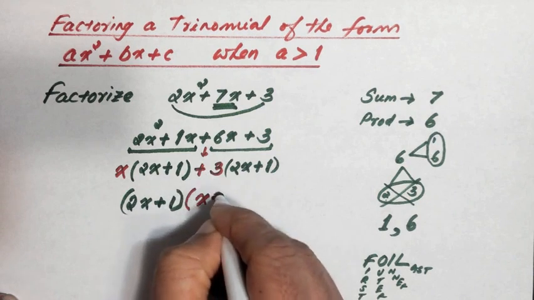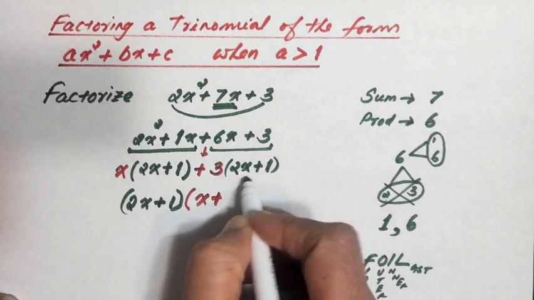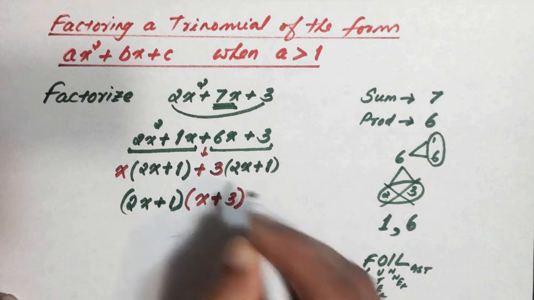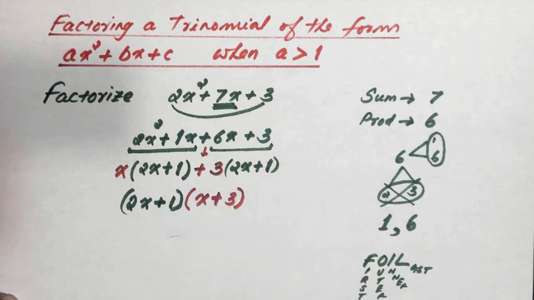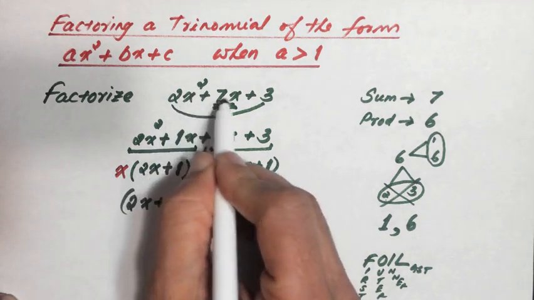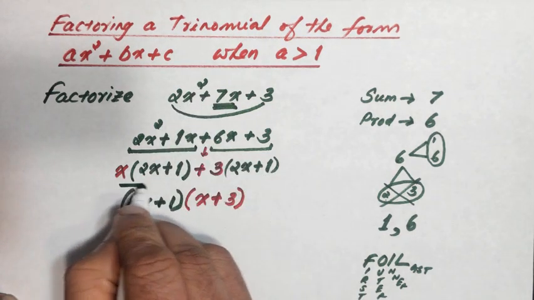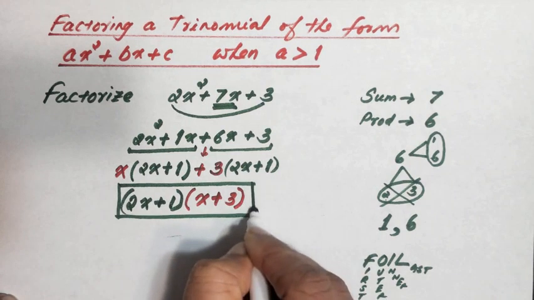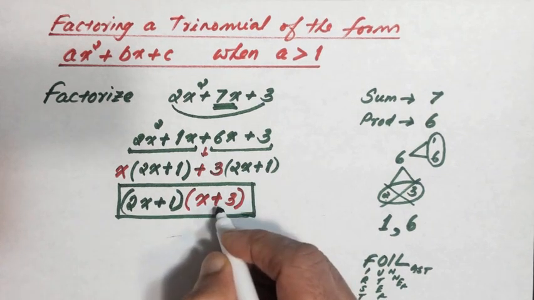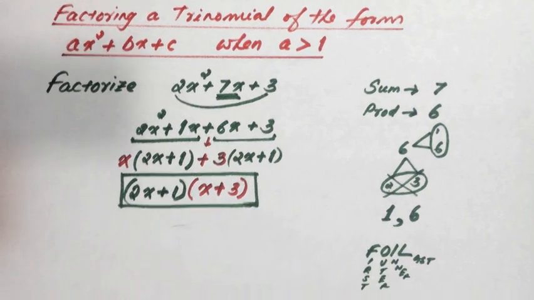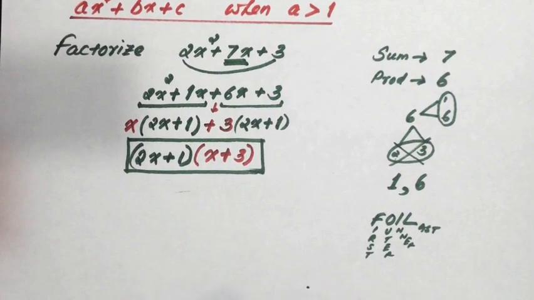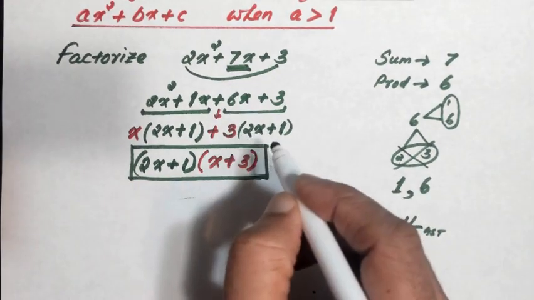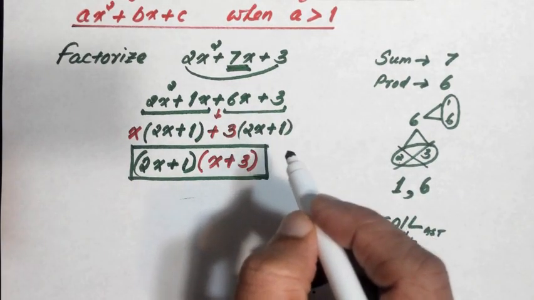Drop the sign. When you take 2x plus 1 out of the second term, you get 3. So the factors of 2x squared plus 7x plus 3 are 2x plus 1 times x plus 3. This is factorized using the reverse of FOIL.